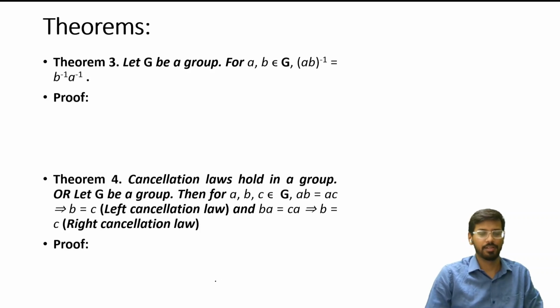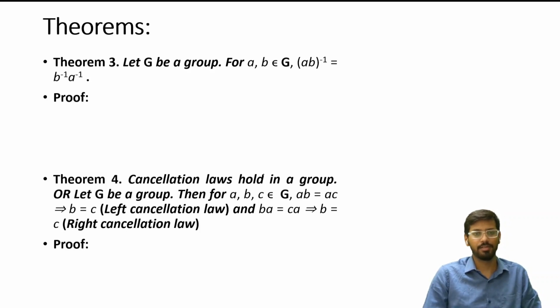Now third property, third theorem: let G be a group, for A and B, (AB) inverse should be equal to B inverse A inverse, that we have to prove.